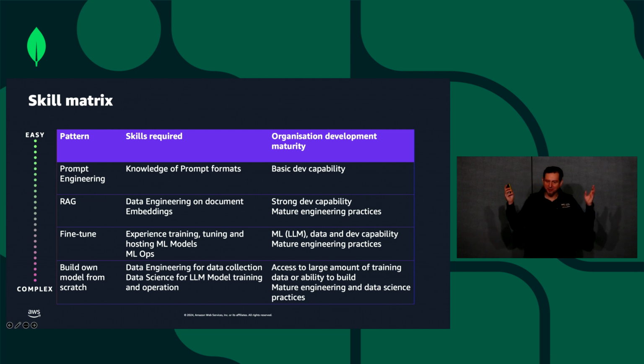It's traditional data scientist stuff. Building your own from scratch is like that, but on steroids. On top of that, you need access to large amounts of data, because all of the LLM providers basically scraped everything they could get their hands on, legally or illegally. And that's what's in their models.